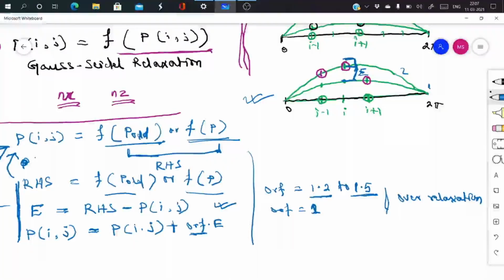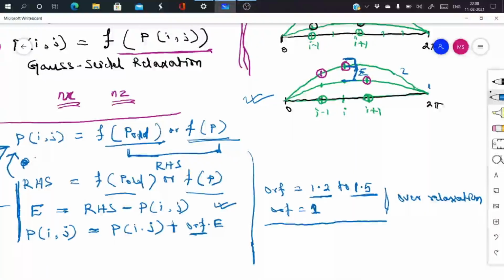Now in some cases it may so happen that due to the kind of geometry, speed and loading, you may not get a solution at all because of instability in the solution process.